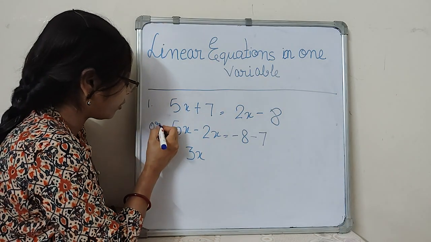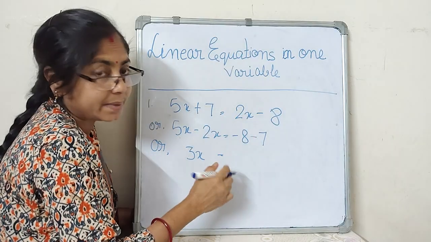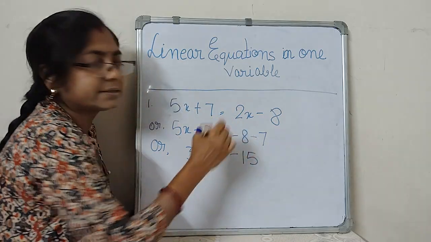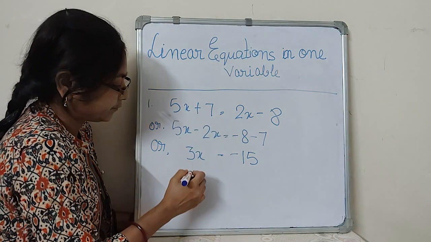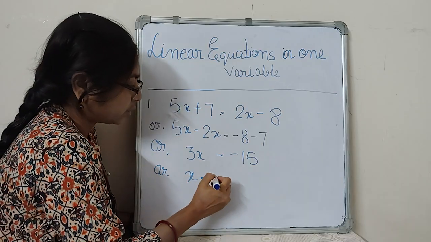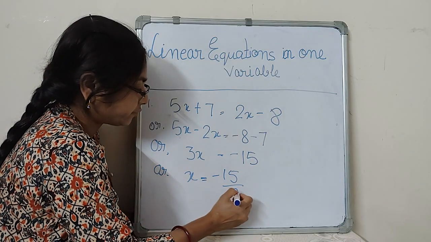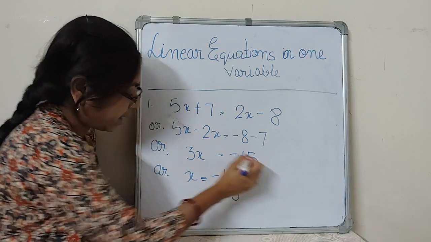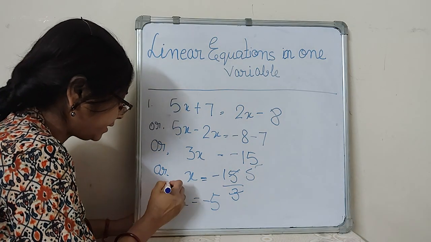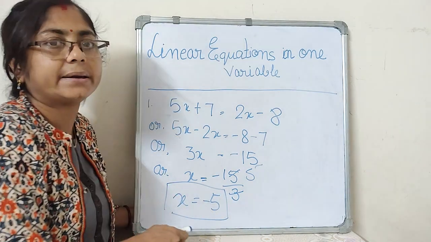You write all. And it is minus plus, means minus 15, because 8 is a bigger number. So 3x equals minus 15, or x is equal to minus 15 by 3. It is 5. x is equal to minus 5. It is our answer.